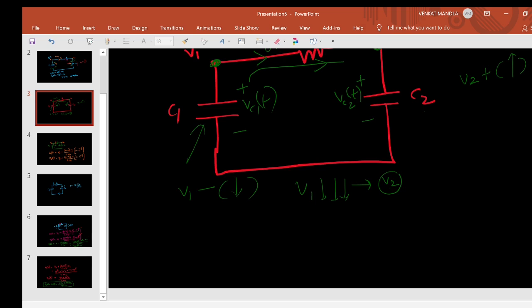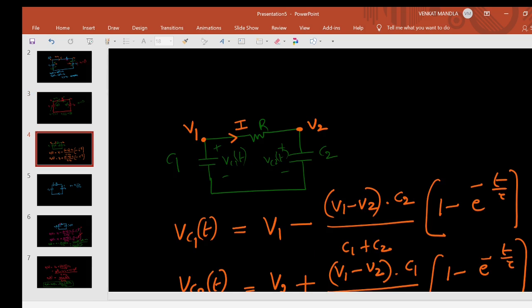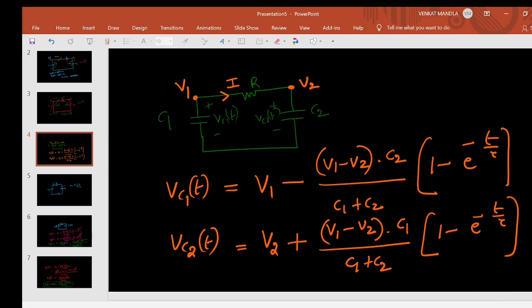Suppose what happens if the resistor is not there. Here, if the resistor is not there, this is short circuited. That is, put R equal to 0 in the equations. I have given the generalized formula: tau equals R into C1 C2 by C1 plus C2. If R is 0, put R equal to 0 in this equation.